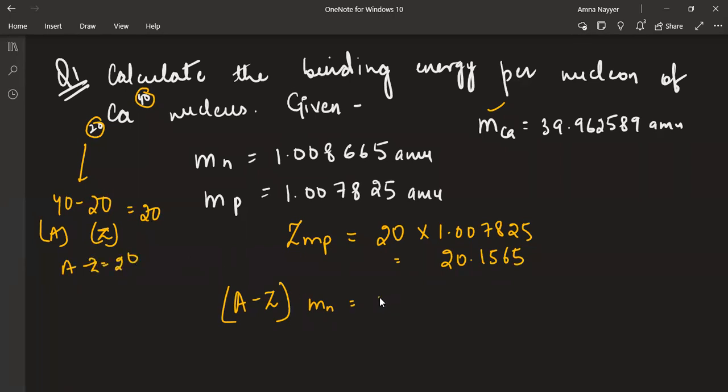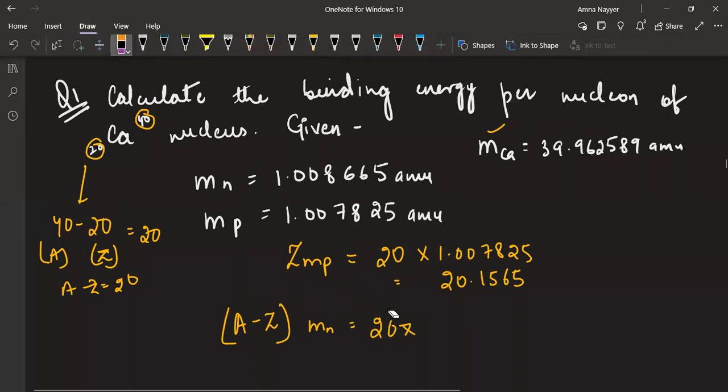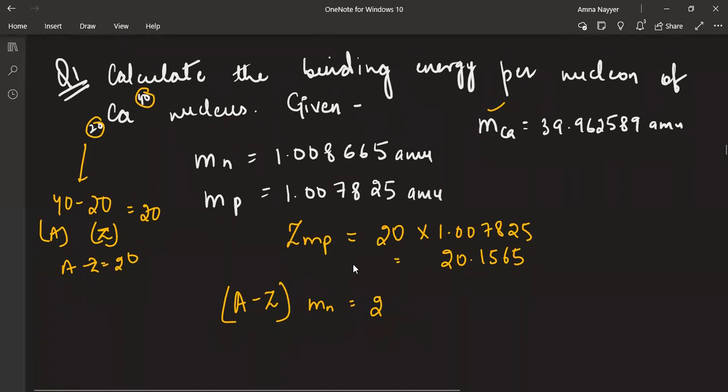So again you will write 20. Then 20 multiplied by 1.008665. So this will be around 20.1733.